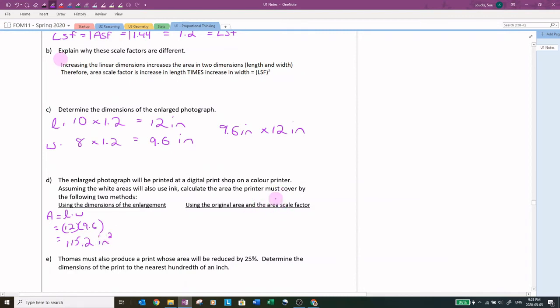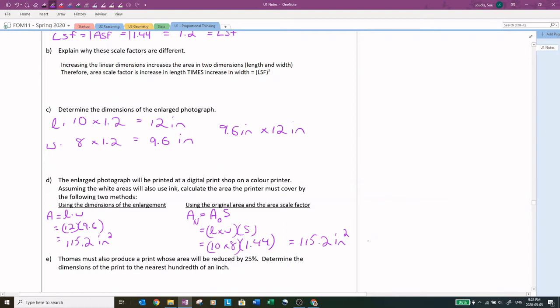And if we use the original area and the scale factor, then the area new is going to be the area original times the scale factor. So it's the length times width times the scale factor, the original length and width, which is 10 by 8, times the scale factor of 1.44. If I put all that in my calculator, ta-da, I get 115.2 inches squared.